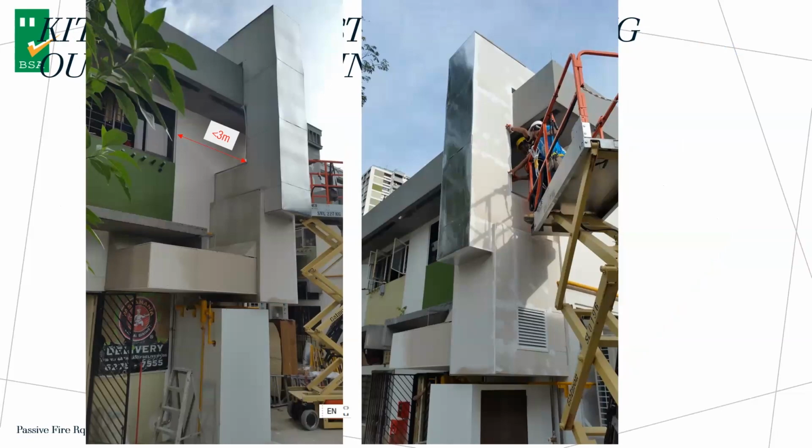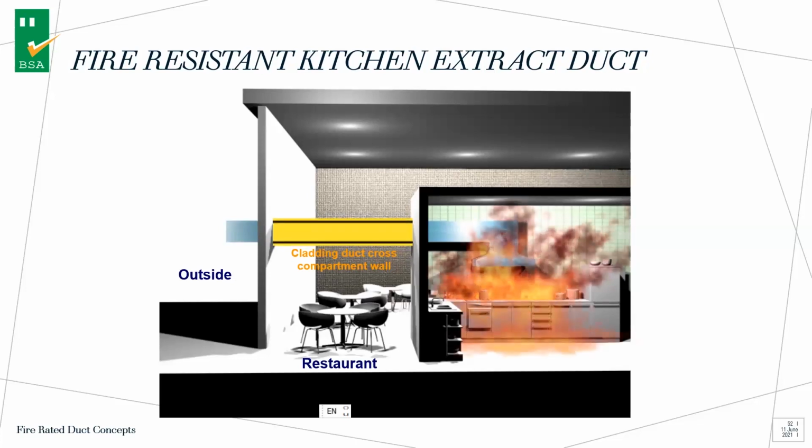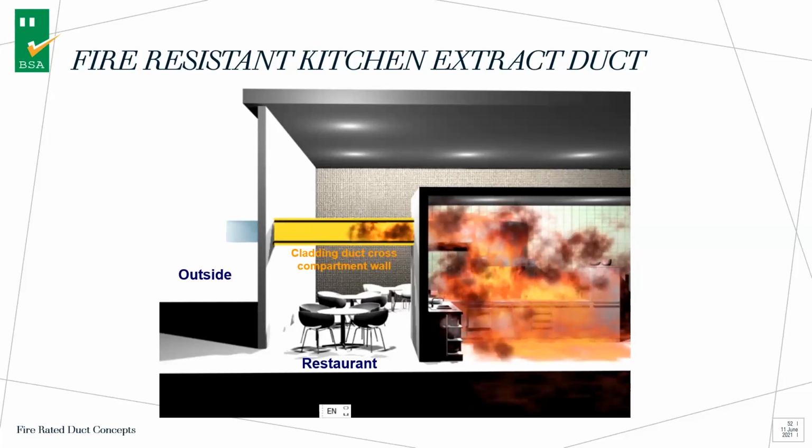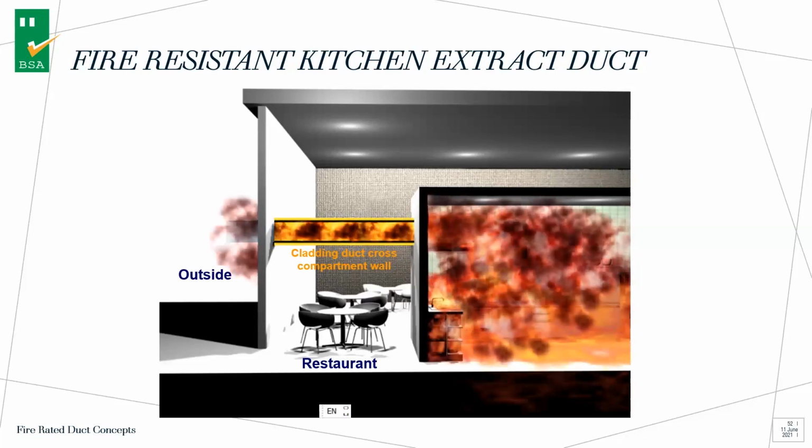Okay, so this is a fire resistant duct. Another example of a commercial kitchen: the duct must pass through maybe a restaurant area to go to the outside. So this portion where it is outside the kitchen should be built of a fire resistant duct. Okay, so these are some examples.